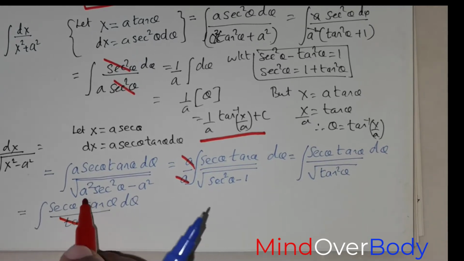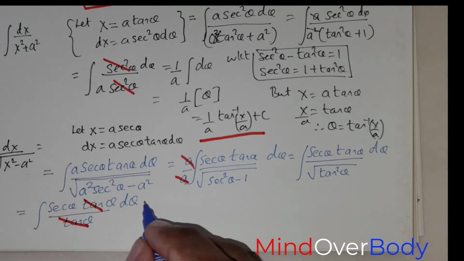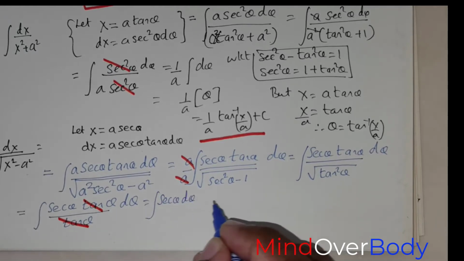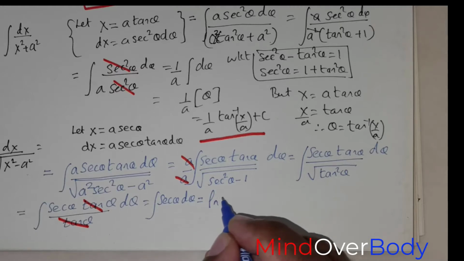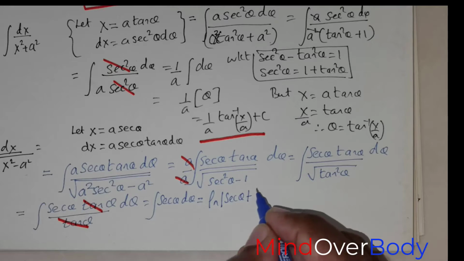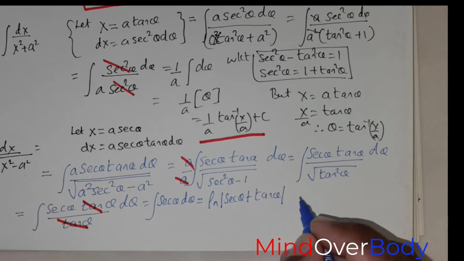So tan theta can be cancelled. This is going to give me integral secant theta d theta, which is nothing but ln of secant theta plus tan theta.